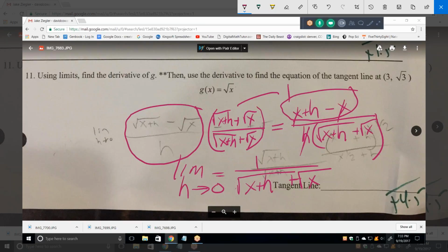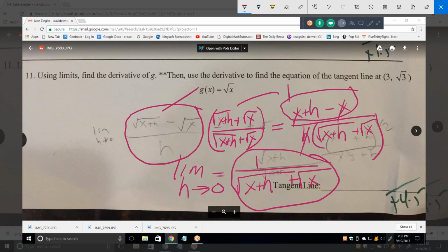Now we're no longer looking at 0 over 0. If I look back up here at the top left circle, and I do a direct substitution, I have 0 over 0. So the way you handle 0 over 0 when you have radical signs is to multiply by the conjugate, simplify, cancel out your h's if you can, and now what's the limit of that as h goes to 0? It's certainly not 0 over 0 anymore.